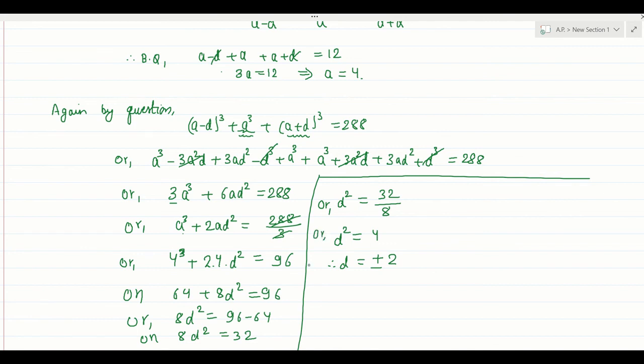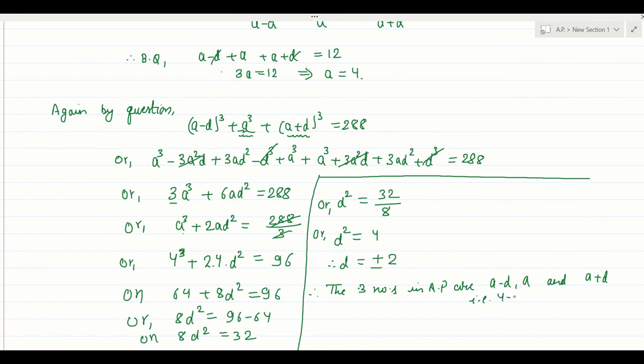Now we need to find those three terms. Therefore, the three numbers in AP are A minus D, A, and A plus D. That is, how much is A? A is 4.